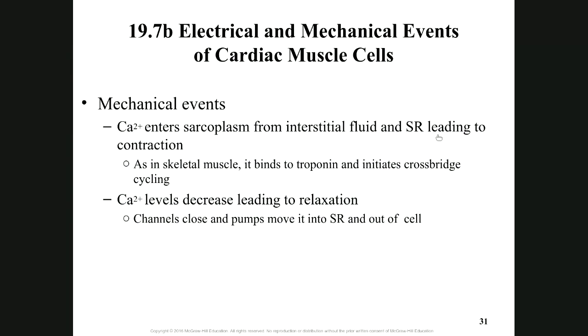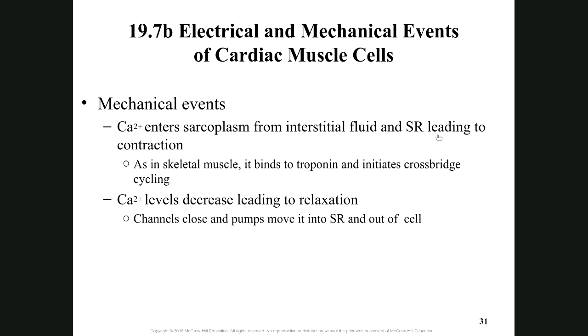Do you remember the troponin has TNC subunit, calcium attach on it, then the configuration of troponin change, it pull up tropomyosin, and then actin and myosin slide over each other. We have the same feature in our cardiac muscle.